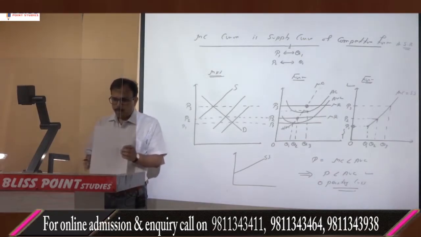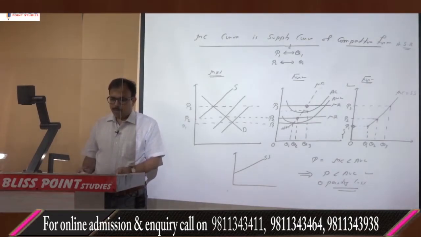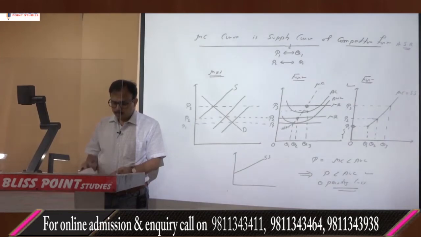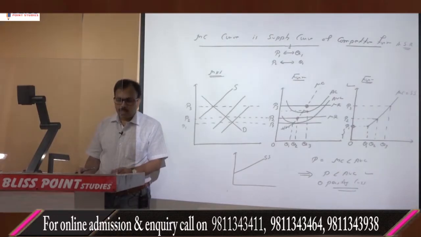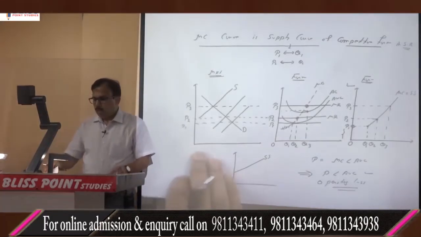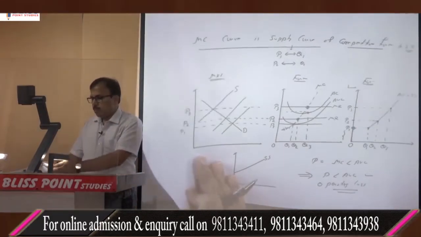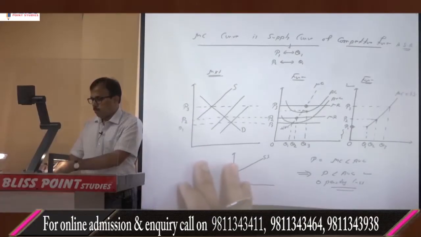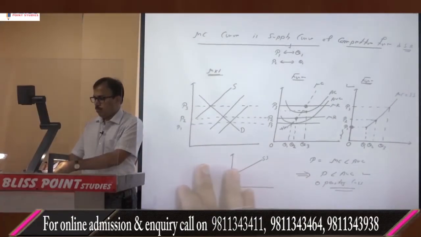Therefore, only that part of the marginal cost curve which is above AVC is the supply curve of the firm. Clear?